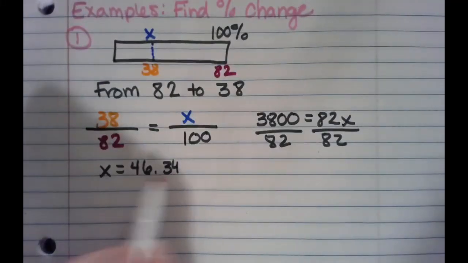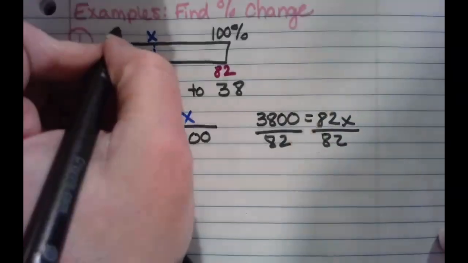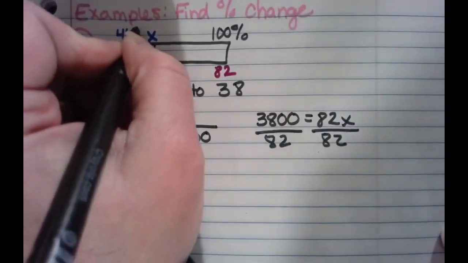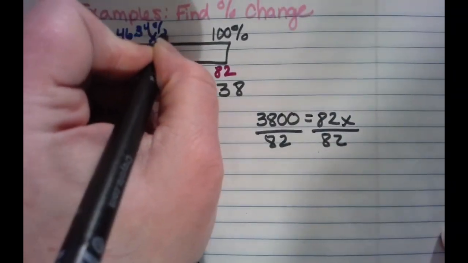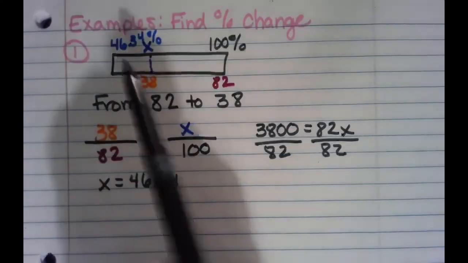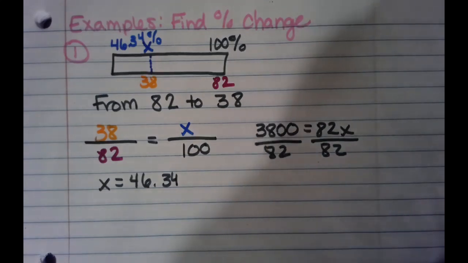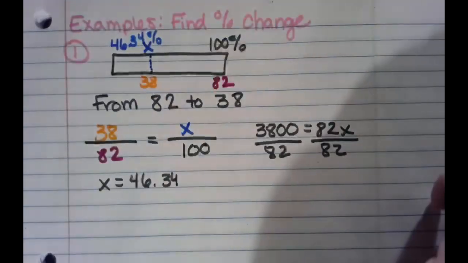So we found our percent, right? So that goes here. 46.34% is where we ended, but we didn't ask where we ended. What we asked is, what is our percent change? So the question is, if I started at 100 and I ended at 46.34, what did I actually change? So you have to take that and you have to subtract.